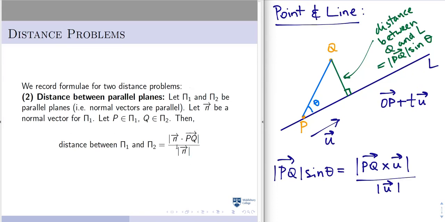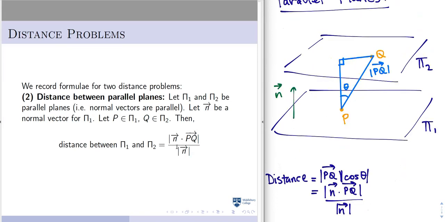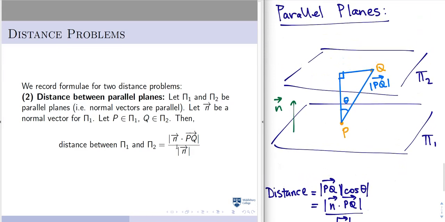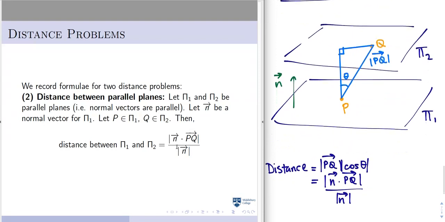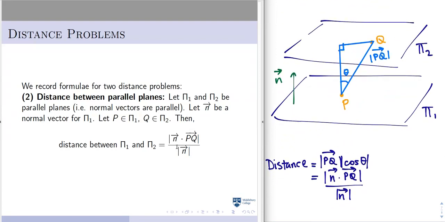Secondly, we have a distance formula for the distance between parallel planes. If we have two planes, pi1 and pi2, by parallel we mean that their normal vectors are parallel. If we take a normal vector for pi1, then we can determine the distance between these two planes as follows.